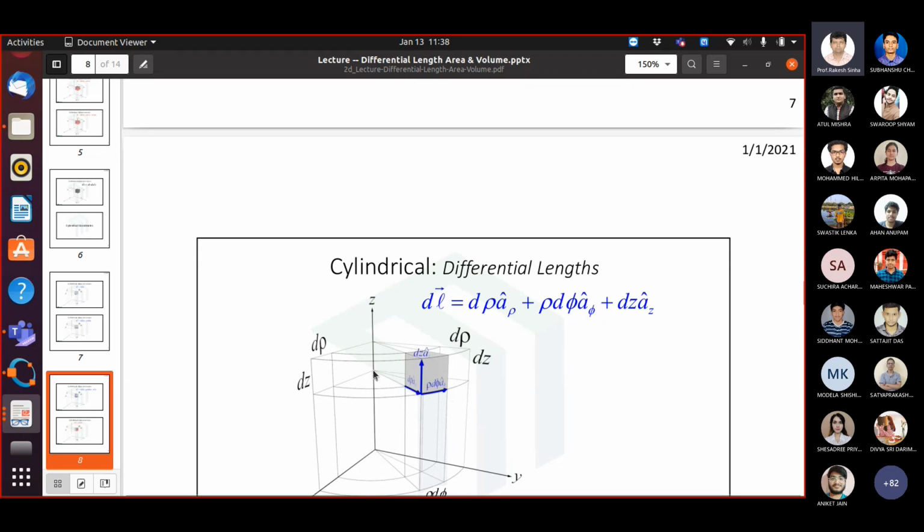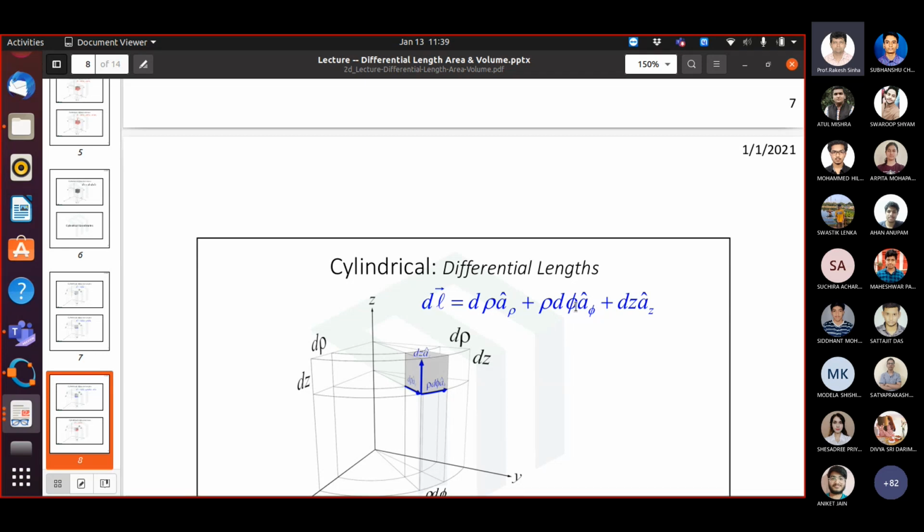Rho is the height, or basically the distance from the origin to the point we are measuring, and rho into d phi is the incremental length. d phi is not an incremental length, it is an incremental angle. Please note that d phi is an incremental angle, and rho d phi is the incremental length.